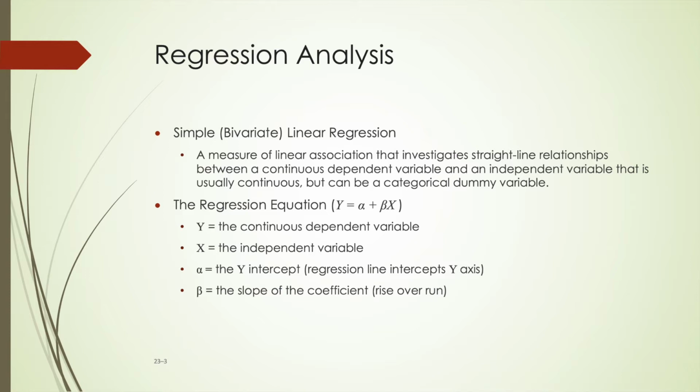As you see here, the regression equation, which you can also see starting on page 568, is Y, the continuous dependent variable, is equal to alpha, which is the y-intercept, the point where the regression line intercepts the y-axis, plus the slope coefficient, which is the rise over the run.